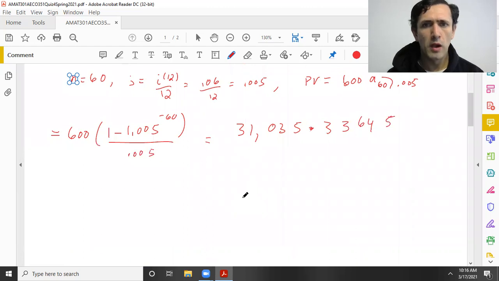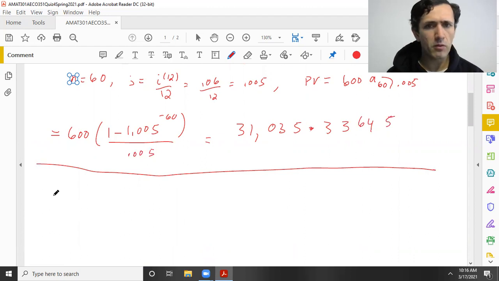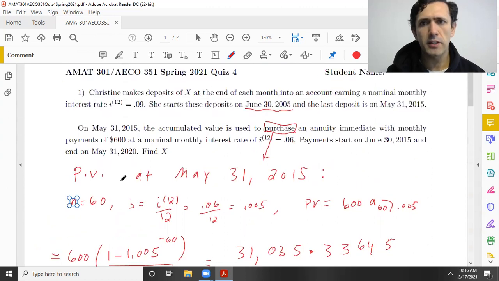Okay. Well, how do I accumulate to this much? Let's see how. Going back to the deposits that are used to accumulate and purchase this annuity, starting on May 31st, 2015.